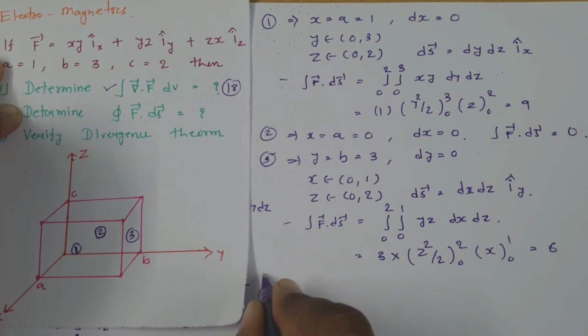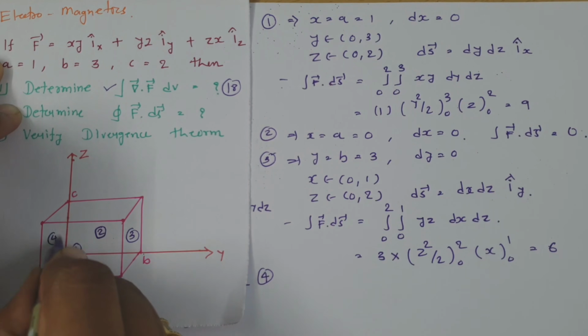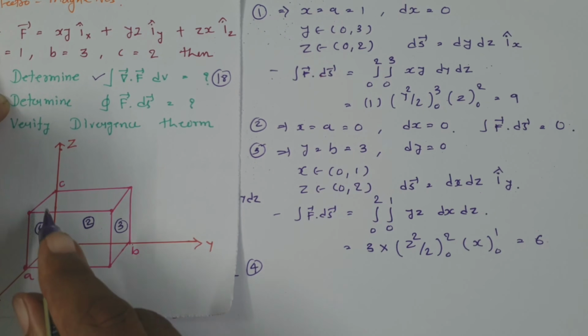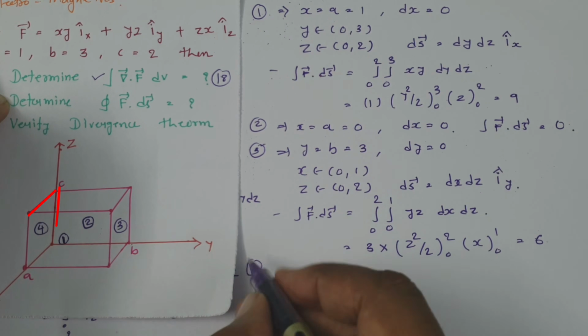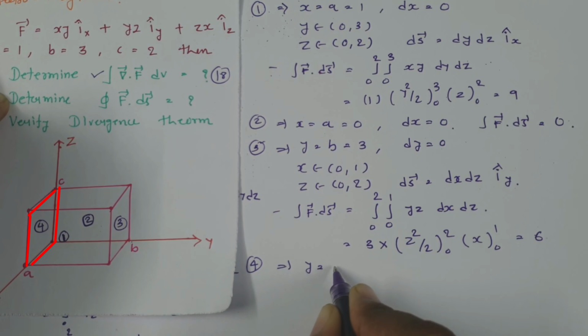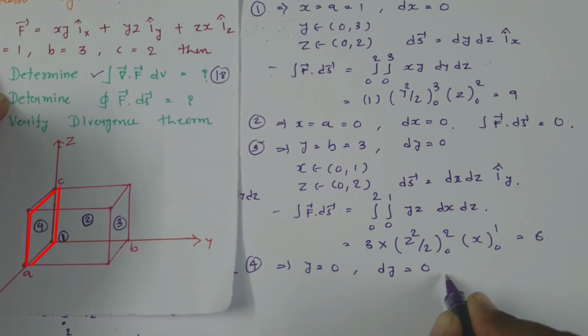this surface integration for the fourth surface, and let us say this is the fourth surface, right, opposite to 3, so that is this, and on this fourth surface y is constant and y is 0, you can see. So here if I place y equal to 0, so dy is equal to 0.